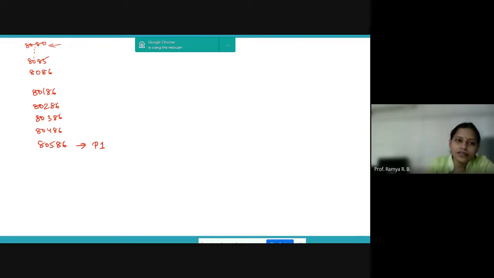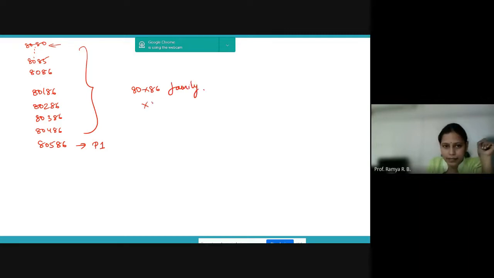And this whole thing is called the 80x86 family, or simply the x86 family. Then we have Pentium 2, Pentium 3, and then Pentium 4.